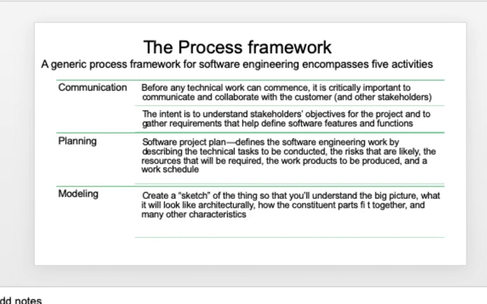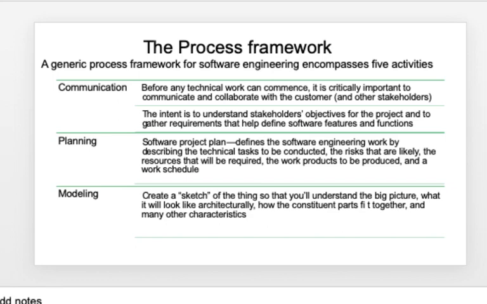The next one is called planning, which basically defines a set of technical tasks to be conducted, risks involved, resources to be utilized, work products that will be produced, and so on. And more importantly, the work schedule will be prepared during the planning activity.